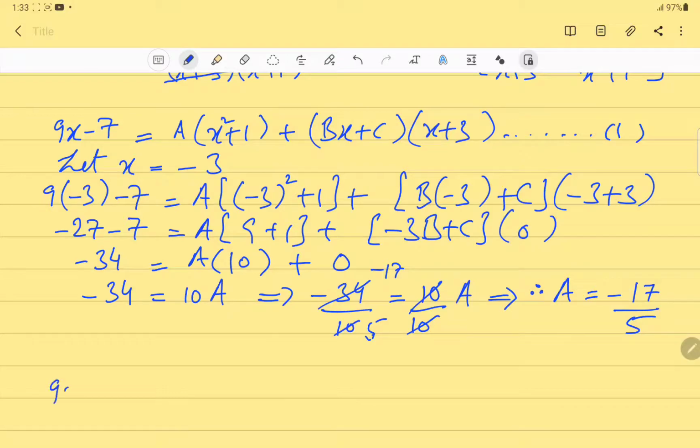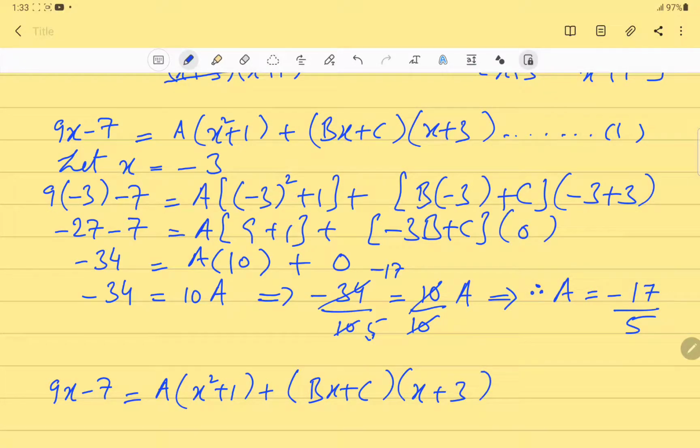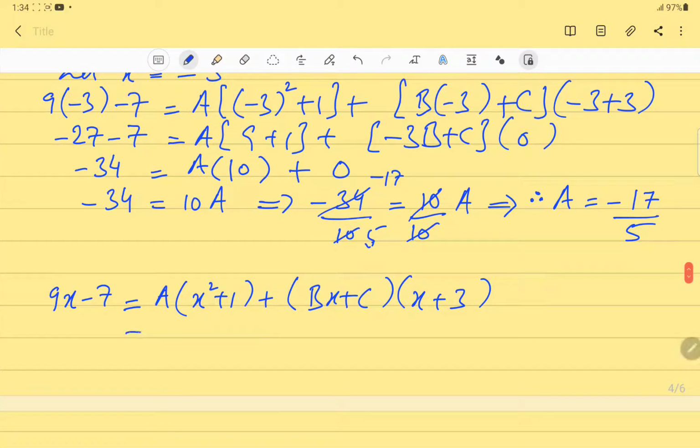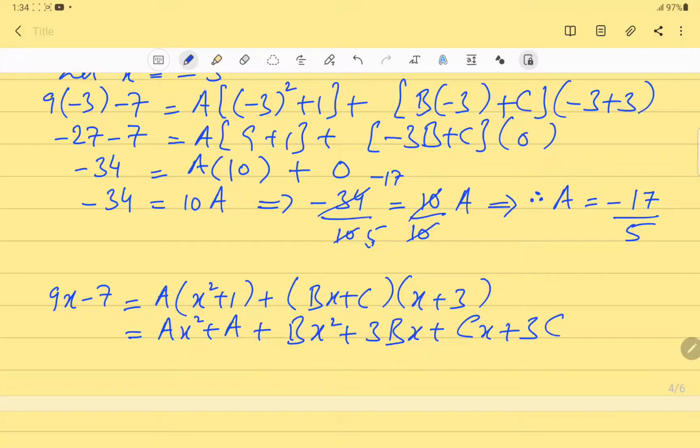We will write the equation one more time. 9x − 7 is equal to a(x² + 1) + (bx + c)(x + 3). Here we are getting ax² + a + bx² + 3bx + cx + 3c.